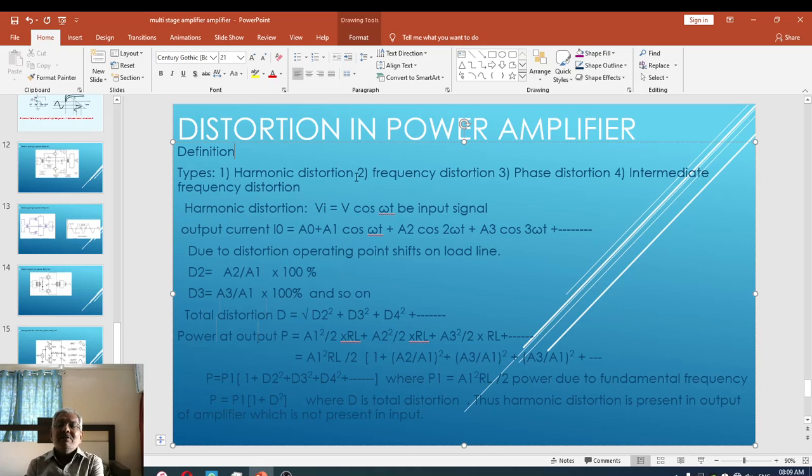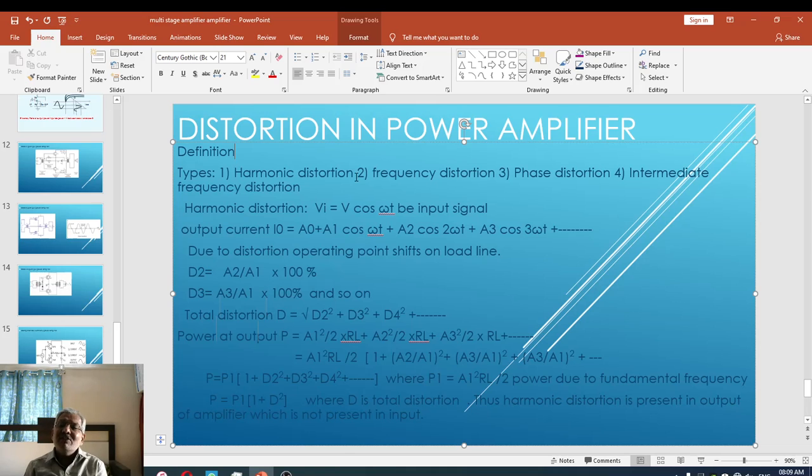Means, to understand the harmonic distortion, we can say, no doubt the original frequency signal is appearing at the output, but along with that, the deviation in that particular frequency component is also appearing. Those deviated frequency components which are different from the fundamental frequency are called the harmonics of the fundamental frequency.